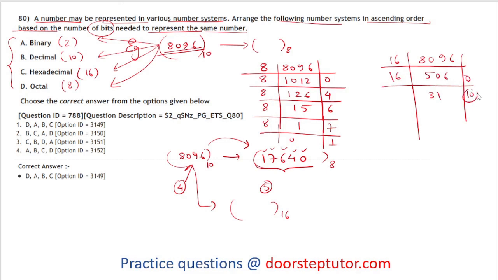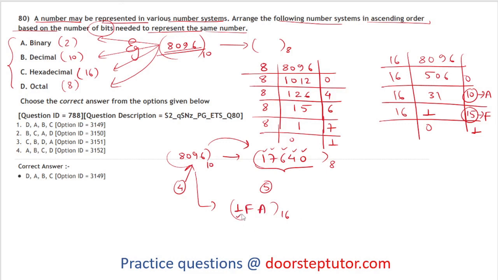And 10 in hexadecimal is written as A. Now again divided by 16, that will be 1 and the remainder will be 15, and we know 15 in hexadecimal is written as capital F. Now again divided by 16, we cannot divide 1, so that will be 0 and the remainder will be 1. So the given number 8096 in decimal can be written as 1FA0 in hexadecimal.